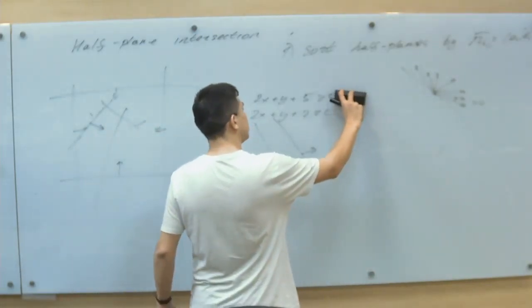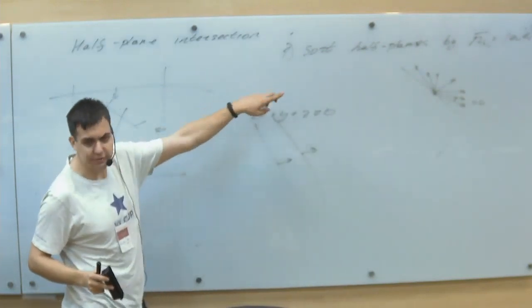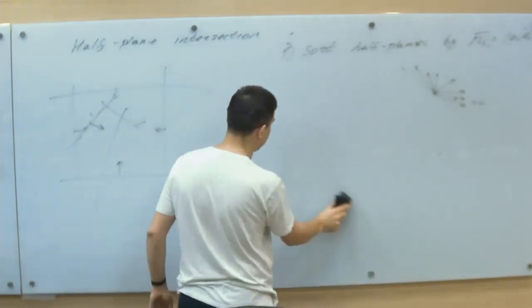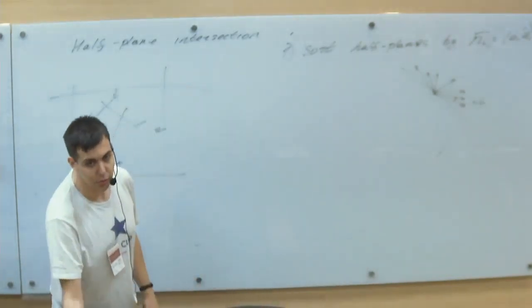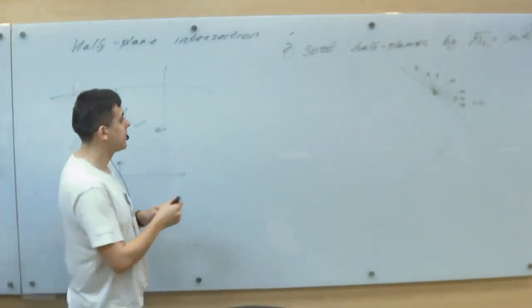So we don't need the first one. If this is true, then plus 5 is definitely true. So among all the parallel half planes, we only need to look at the one with the lowest c.